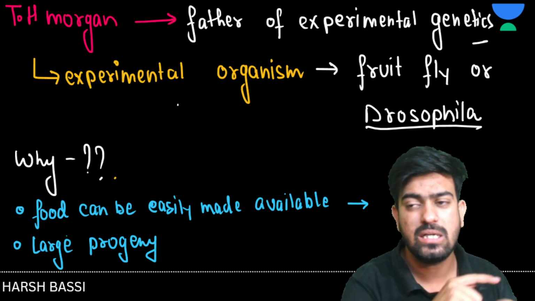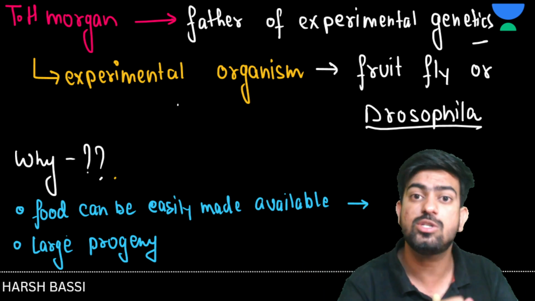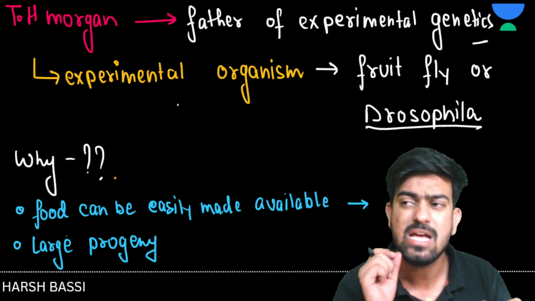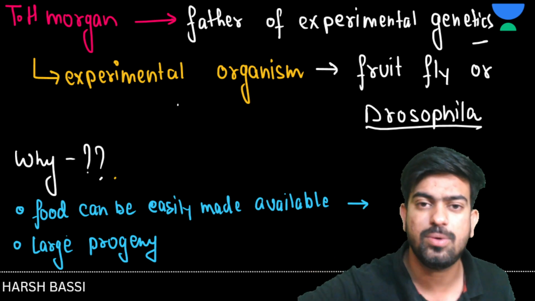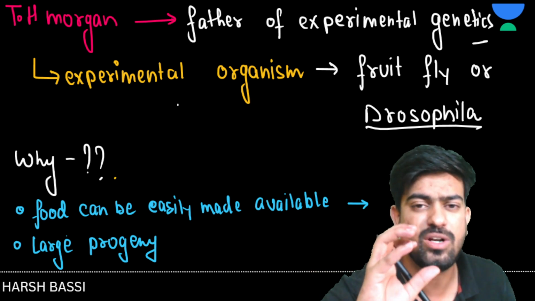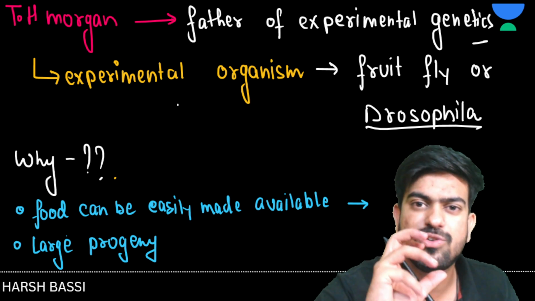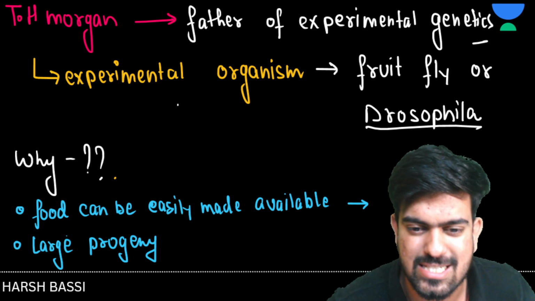But with my small experimental organism, I decided that okay, this is 300. So a small number of progeny makes results a little bit confusing, a little bit wrong. This is why large progeny is necessary.